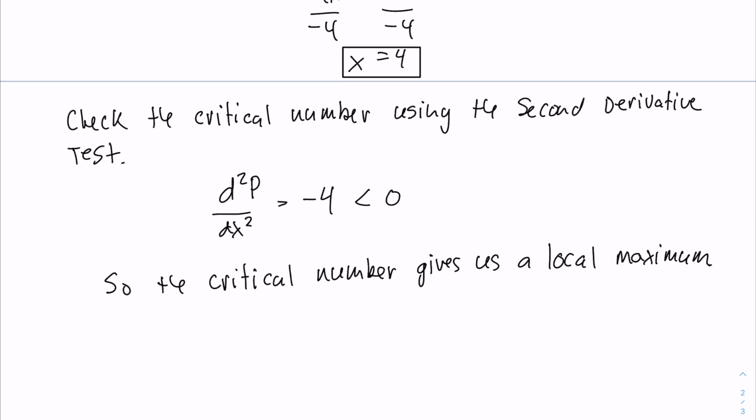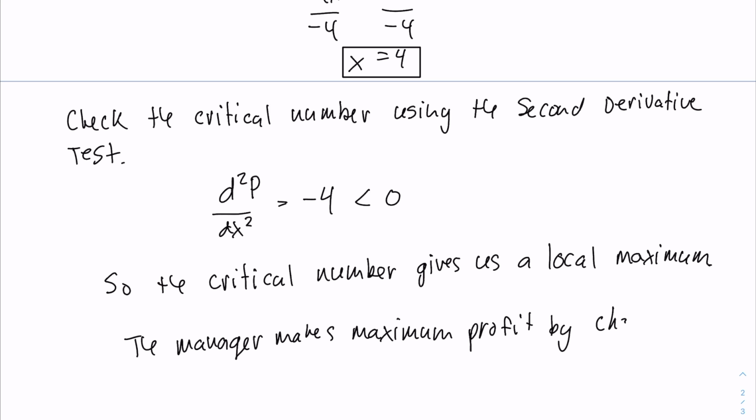So the manager makes maximum profit by charging $40 plus 4, which is $44 per room per night. 44.